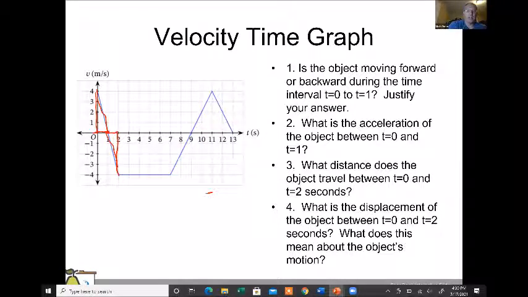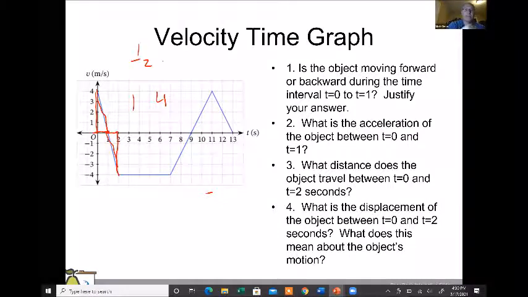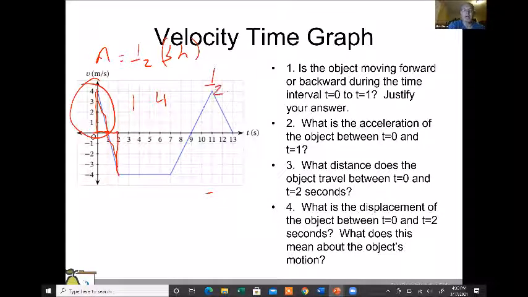So this first triangle has a base of length 1 and a height of 4. If you guys remember any geometry, you know that 1/2 base times height is how you find the area of a triangle. So for this triangle right here, that would be 1/2, 1 times 4. So that would give me an area of 2.